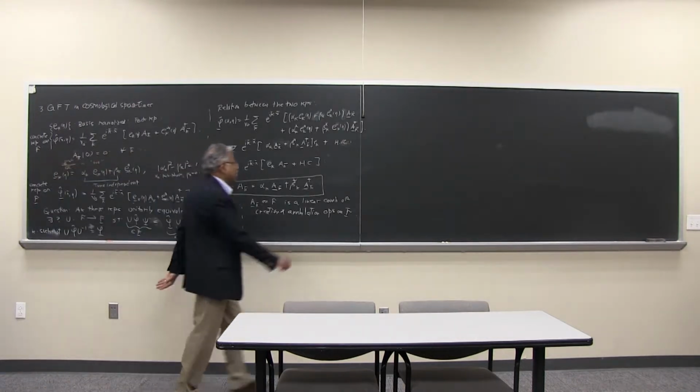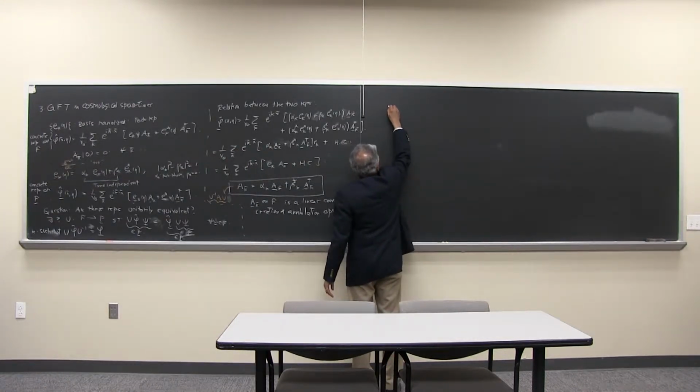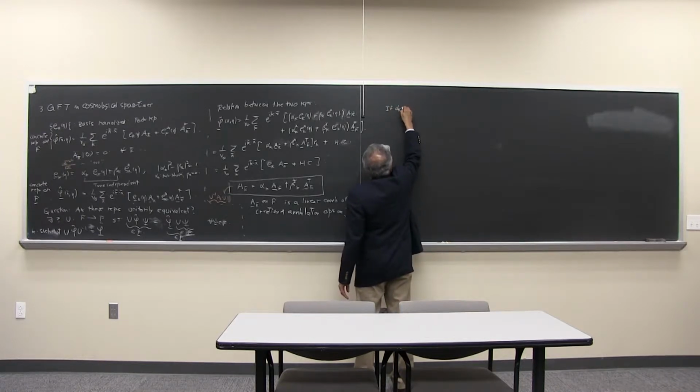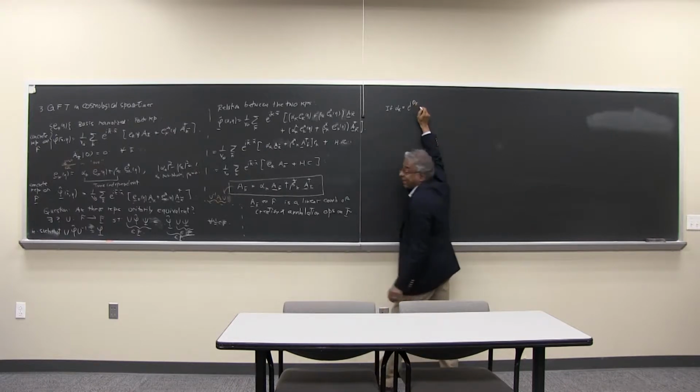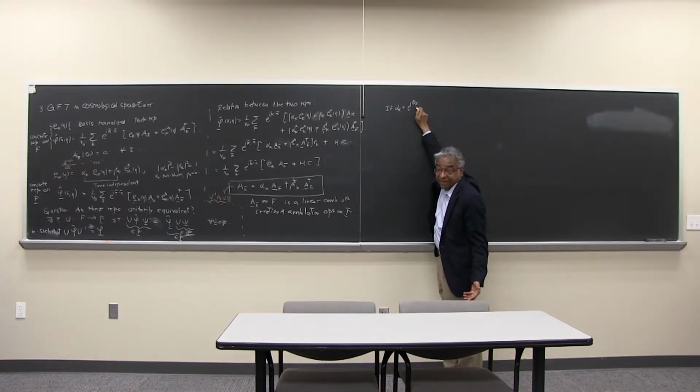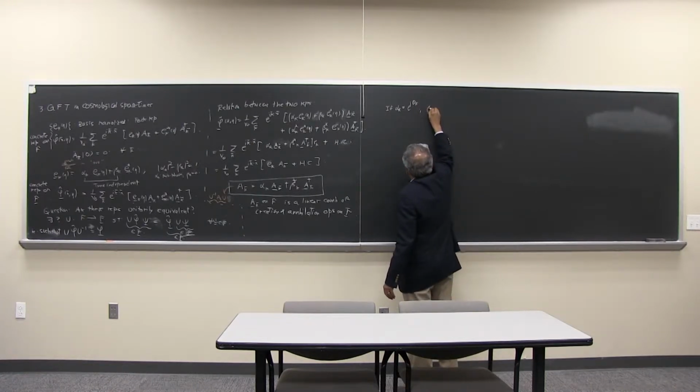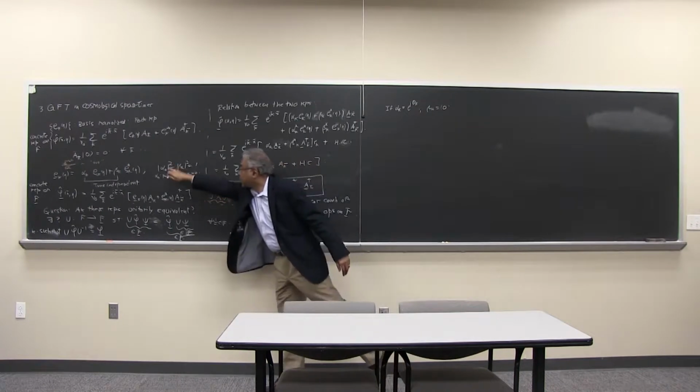So the statement up here is that if alpha k is a pure phase, again this pure phase can depend on k, but should not depend on time, and beta k is equal to 0. Well, beta k will have to be 0 because alpha k squared is equal to 1.